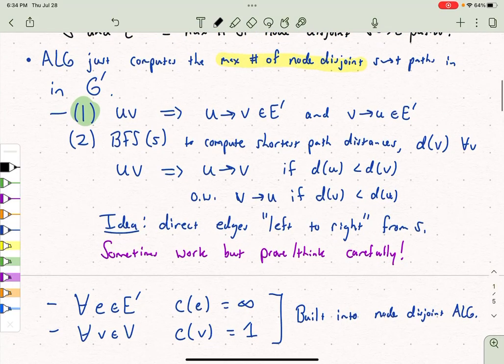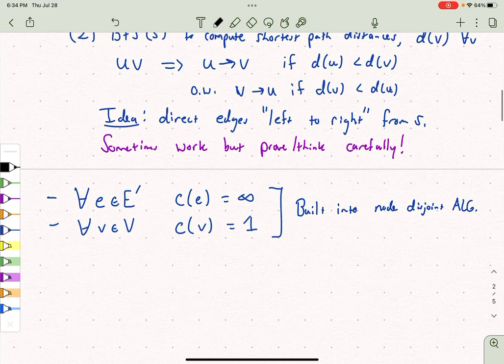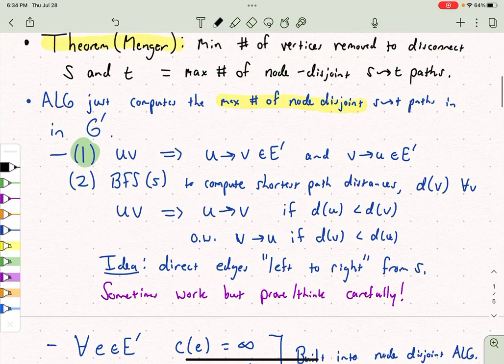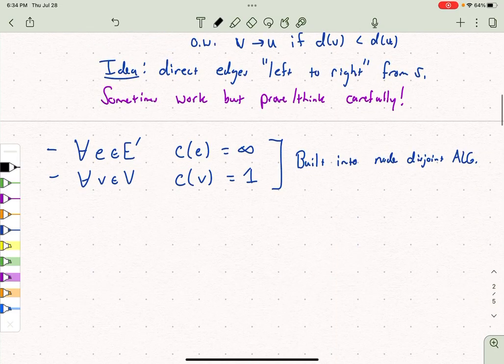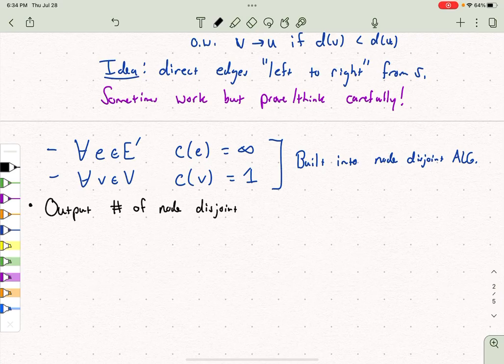So now once we have this graph, we can compute the number of node-disjoint paths on it, and just output the number. That's the whole algorithm.